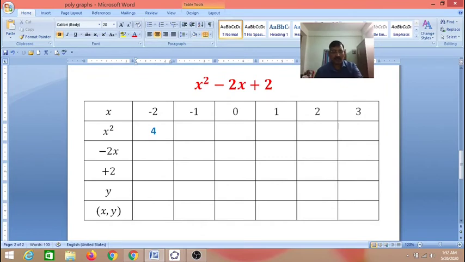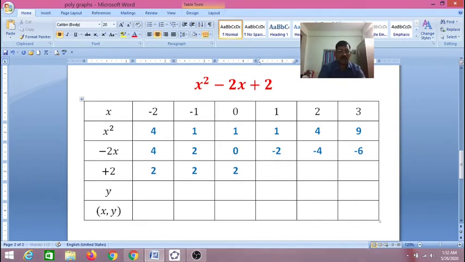As usual you can see it is 4, 1, 1, 4, then 9, again 4, then minus 2 into 1 is 2, 0, then minus 2, minus 4, minus 6. The next row is 2 throughout, because this is a constant, it will be the same throughout.